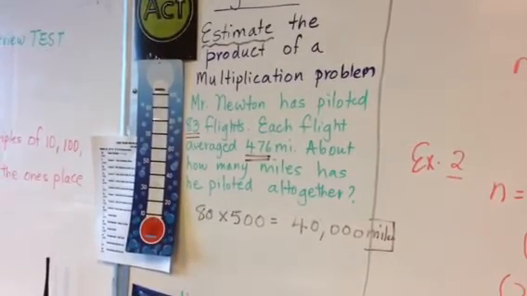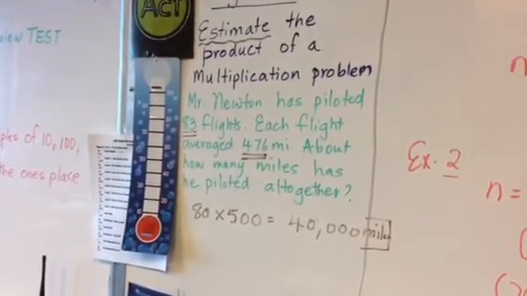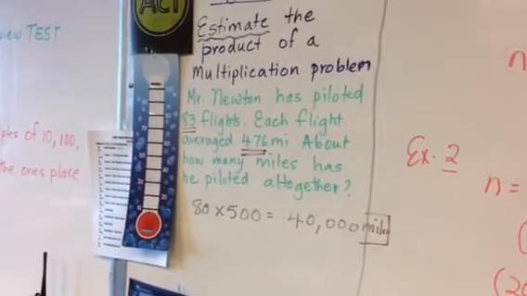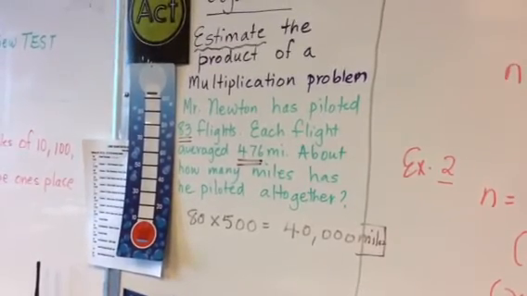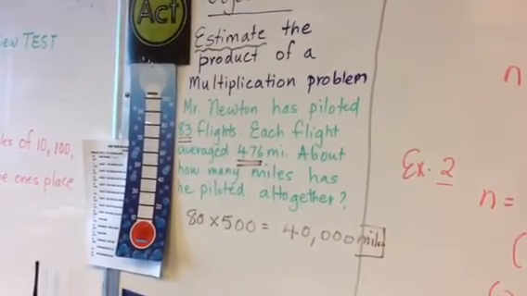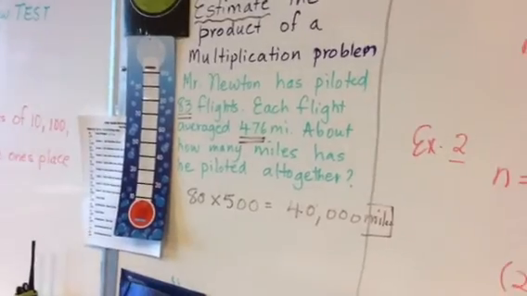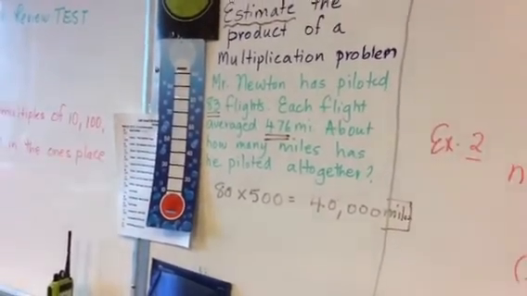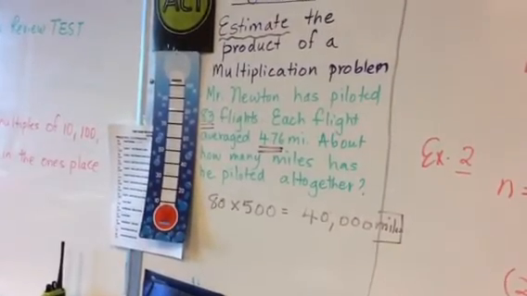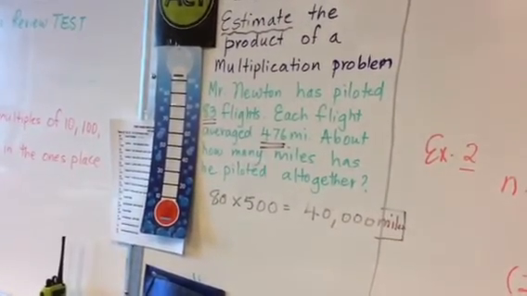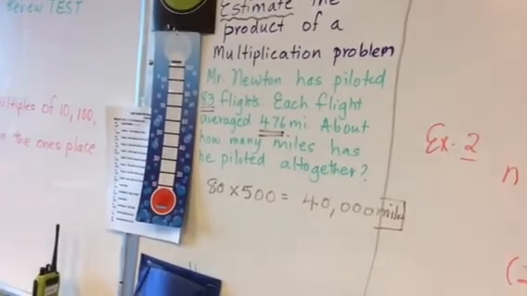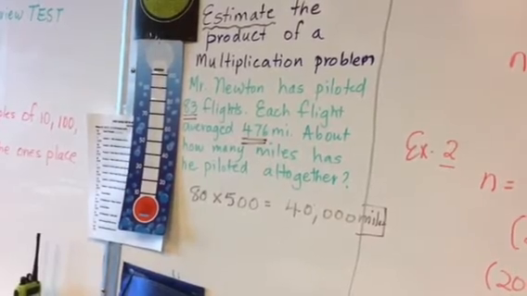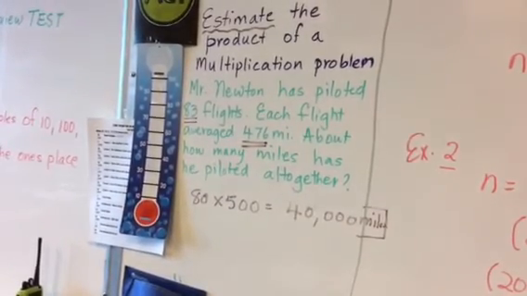You have to estimate. 83 will estimate to 80 because it's below 85. 476 is 450 and above, so it will go to 500. Then 80 times 500: 8 times 5 is 40, then there are 3 zeros, so 40,000 miles.